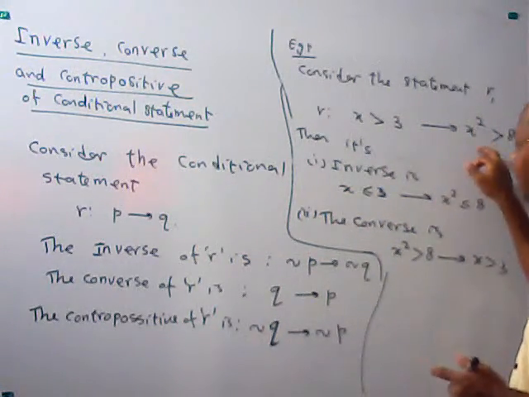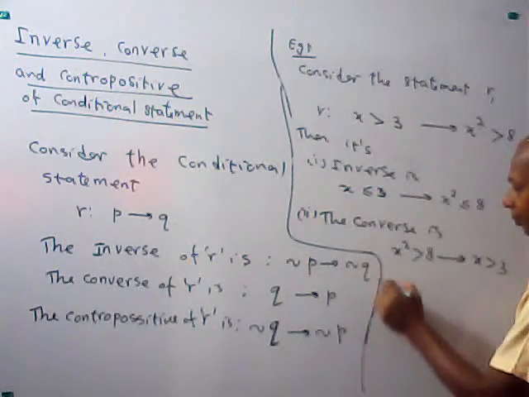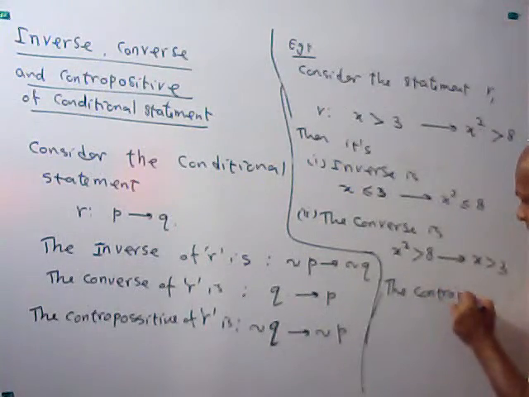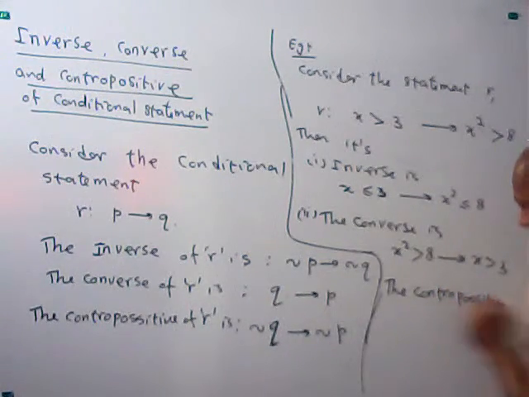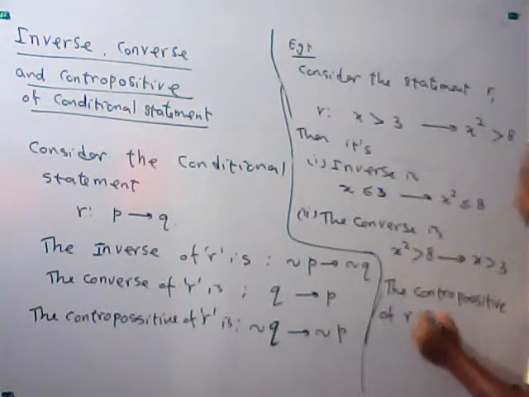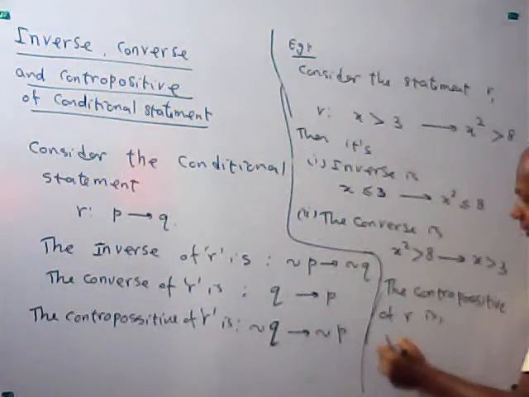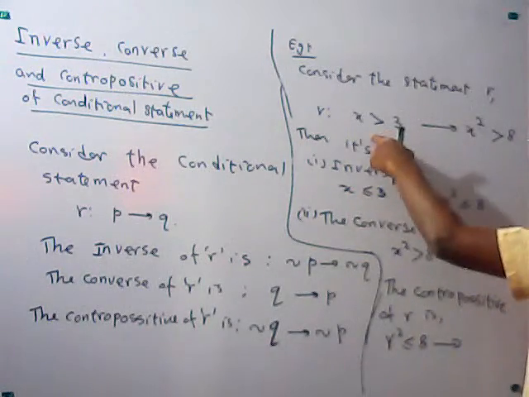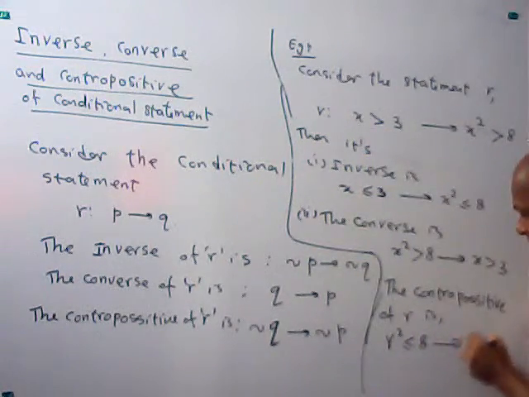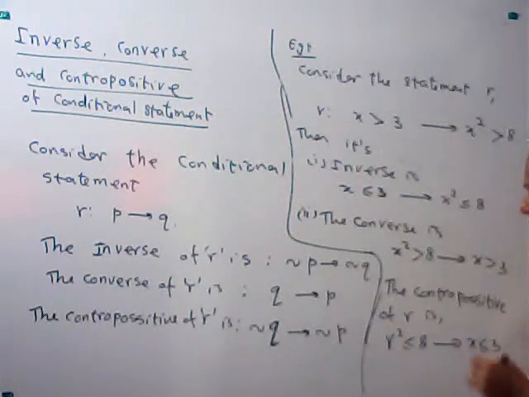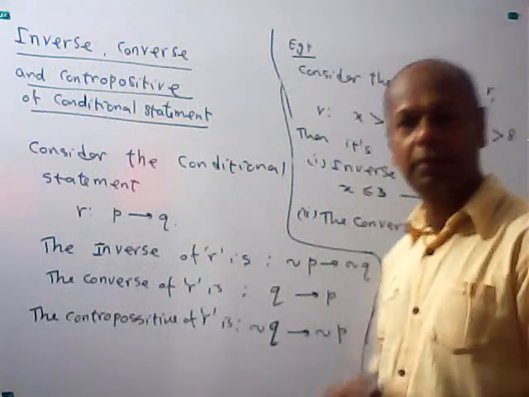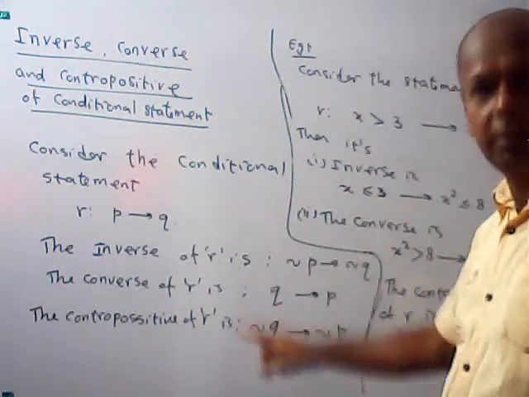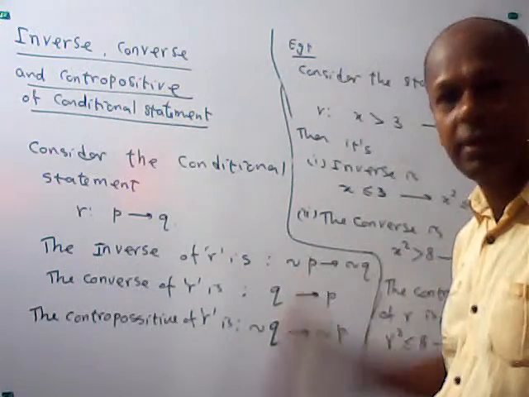In the example, the contrapositive of R is not Q, x squared is less than or equal to 8, implies not P, x is less than or equal to 3. Right. The inverse, converse, and contrapositive of the conditional statement are these.